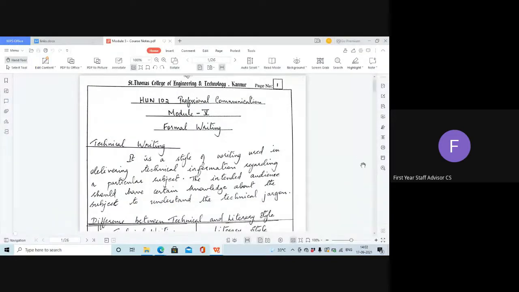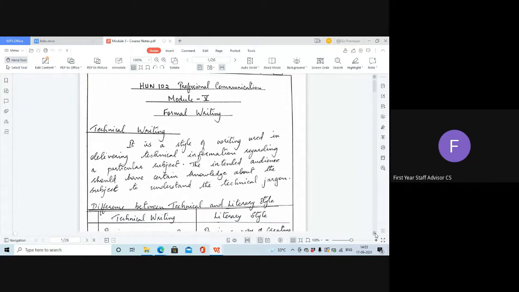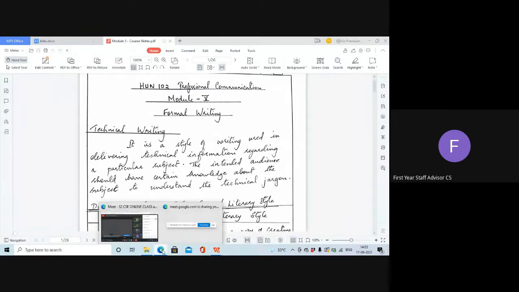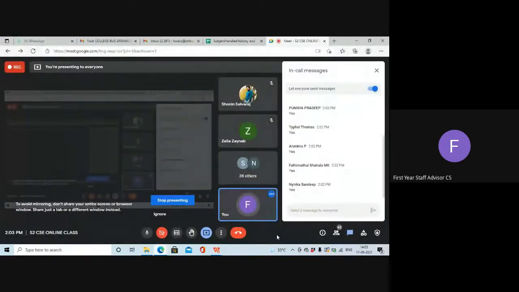So in module 5, we deal with formal writing. There are two ways of writing. One is formal and informal. As you had studied earlier, letter writing is also of two kinds. What are the two kinds of letters?